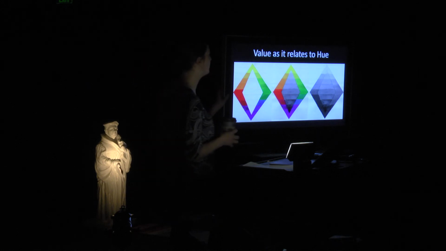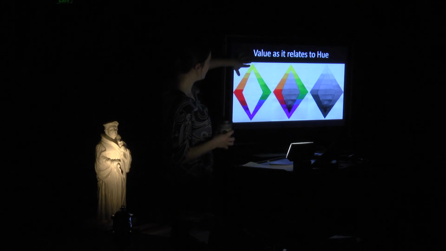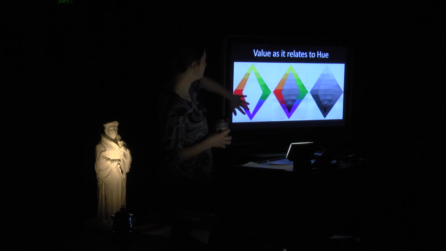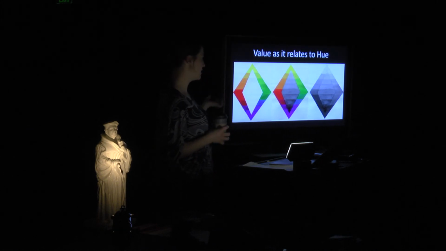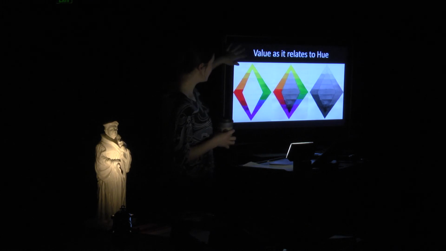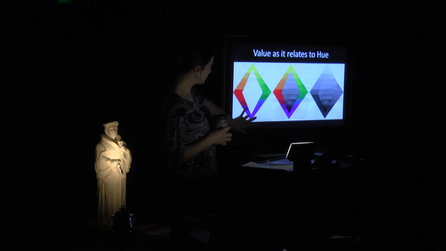So here's a visual representation of high value versus low value. A high value color is yellow, if you look at it straight by a hue difference. In a hue difference, yellow is a very high value color, whereas violet is a very low value color.